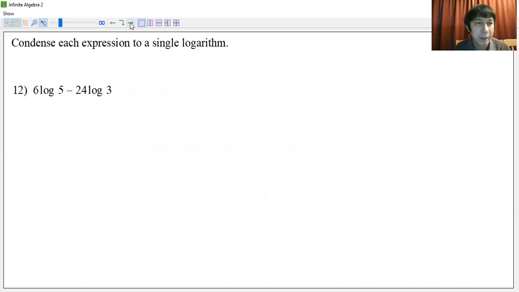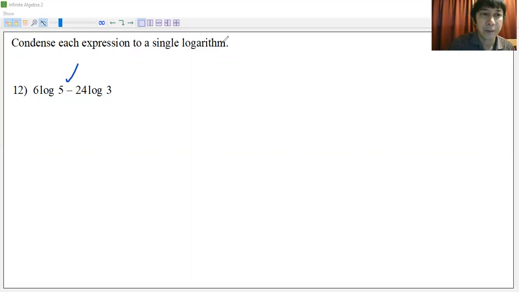Okay, here's the next one. Condense each expression to a single logarithm. Okay, so we can check on the given: 6 times logarithm of 5 minus 24 times logarithm of 3. And we can see it clearly, it's a minus there. So that means we should have a ratio here.